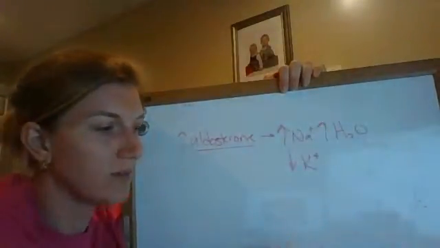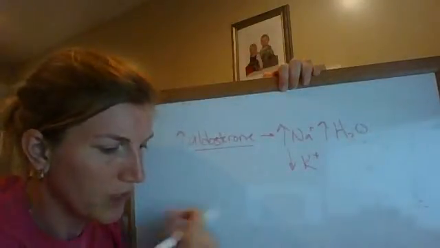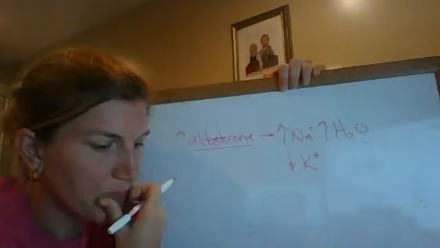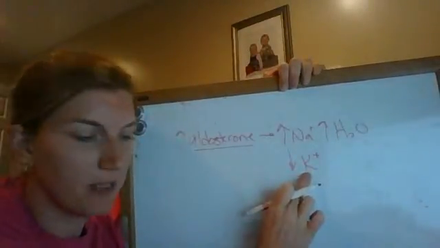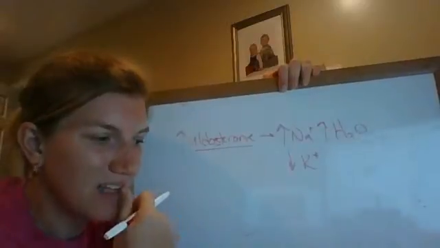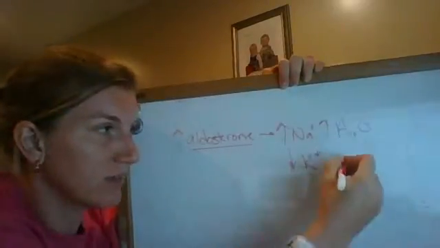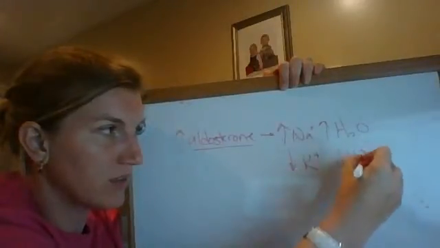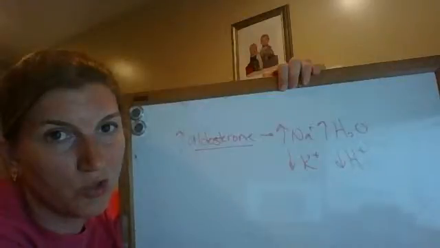These are all ions. I think potassium's +1. It's not labeled in your book. So you're decreasing potassium. When you decrease potassium, you're also decreasing hydrogen ions, right? And hydrogen ions are related to your pH, right?